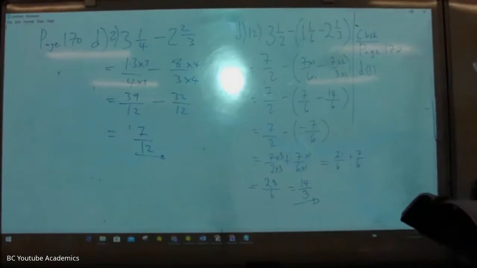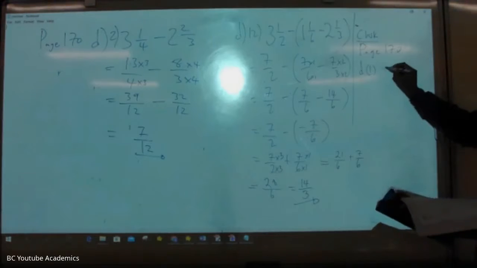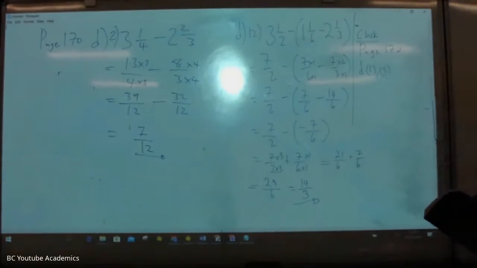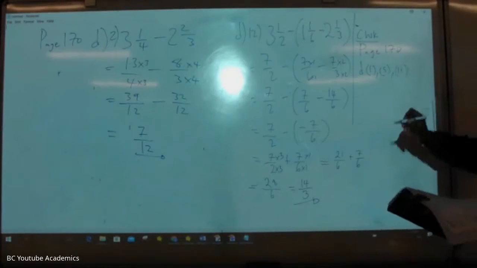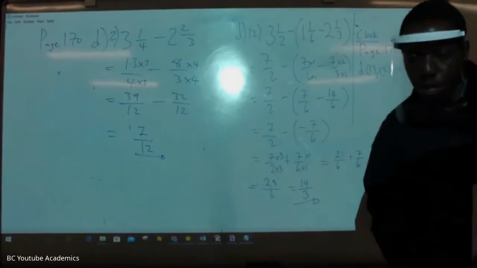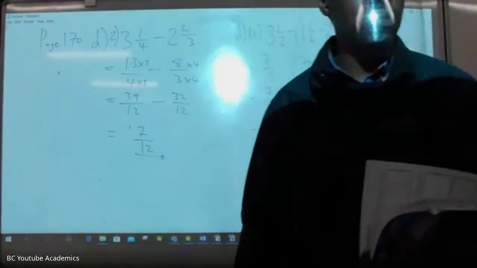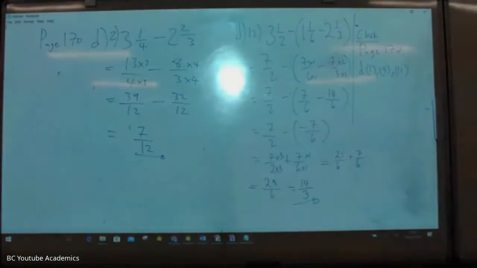Up to D1, let's go on to 5, taking it up a bit. And then let's finish off with D11. I'll give you, how about 5 minutes to do this? 6 minutes? 6 minutes.